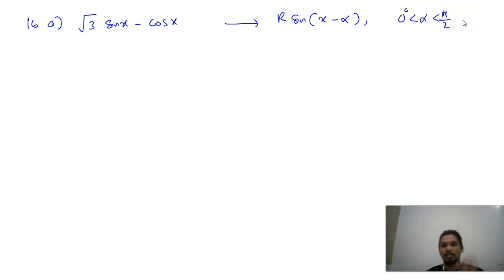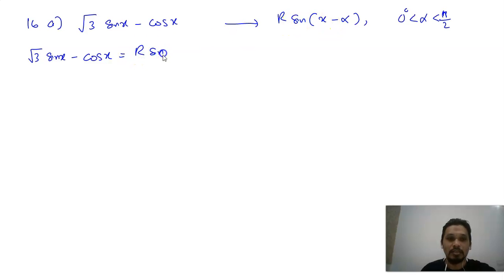Okay, meaning that alpha is in radians. Square root of 3 sine x minus cos x equals, so expansion of this one here, r sine x cos alpha minus r cos x sine alpha.